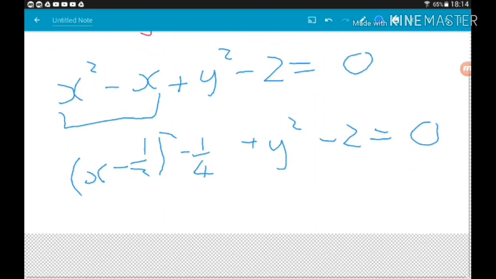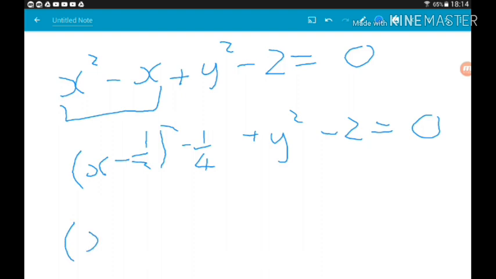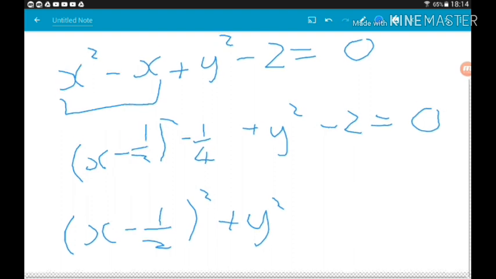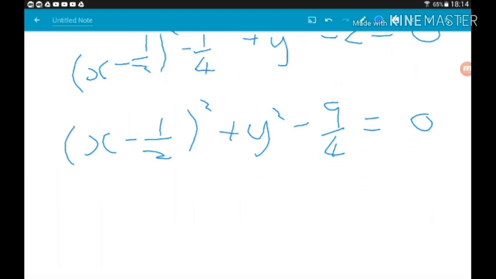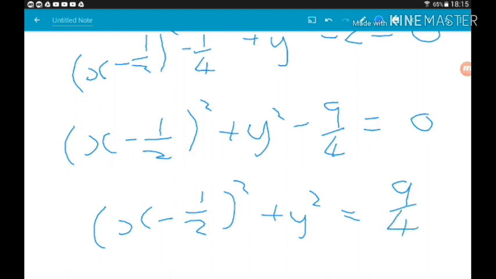Equals 0. So we've got x minus 1/2 squared plus y squared. Then we've got minus 2 minus a quarter, which I'm going to write as minus 9 quarters. That's equal to 0. If we then add 9 quarters, we've got x minus 1/2 squared plus y squared is equal to 9 quarters.